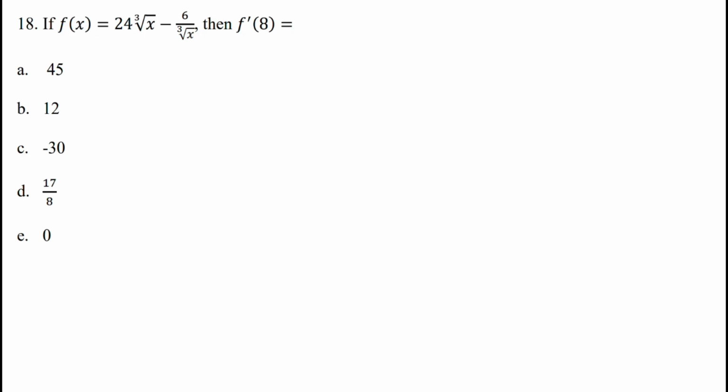All right, for number 18 here, we're again just going to take a derivative and then evaluate it at 8. So before I take this derivative, I'm going to rewrite it into just rational exponents here. So we're going to have 24x to the 1/3 minus 6x to the negative 1/3, because I think that just makes it easier to look at for a derivative.